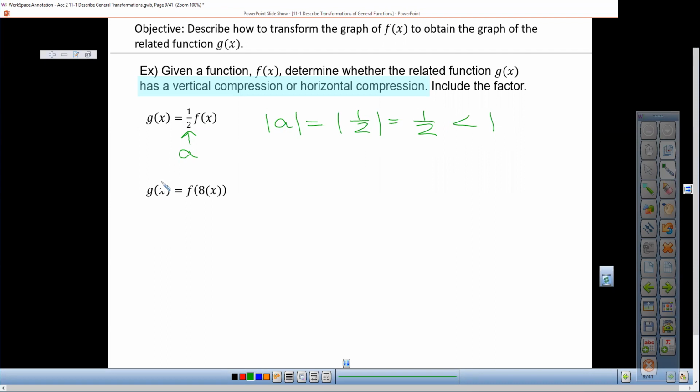We call that a proper fraction. So because the absolute value of our parameter is less than 1, we have a compression, always. Now we have to know the type of compression, and with an A, that is a vertical compression. So we end up here with a vertical compression by a factor of 1/2. So just like with the previous ones, what we compared to 1 is our factor.